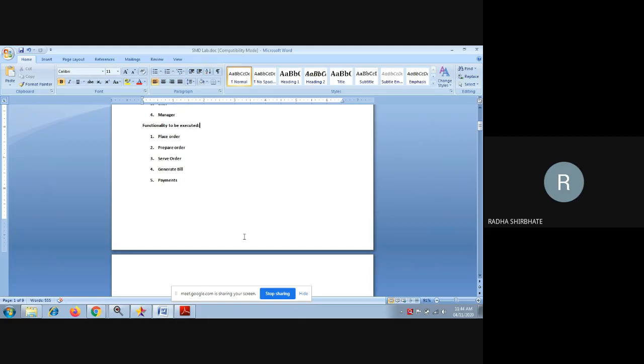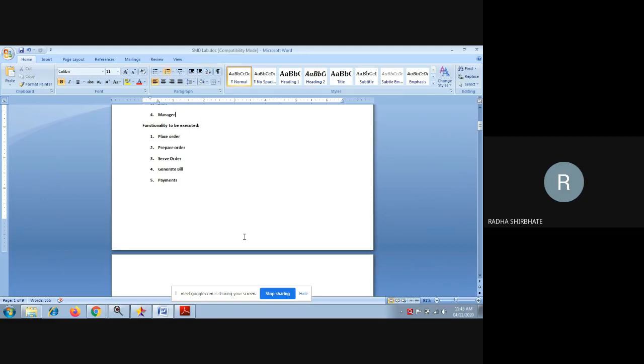The second is place order. That means the first activity to be executed is place order. The second functionality is prepare order. The third functionality is serve order. The fourth functionality is generate bill, and the fifth functionality is payment.